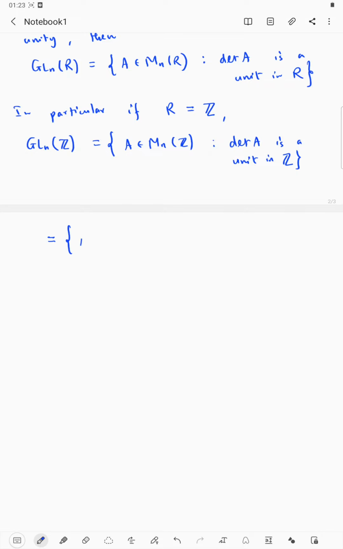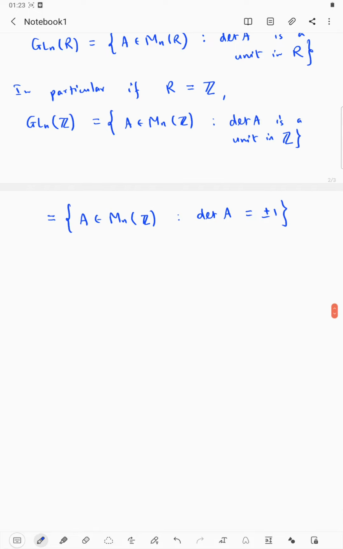So GLN Z is all those A inside Mn(Z) such that the determinant of A is equal to ±1.